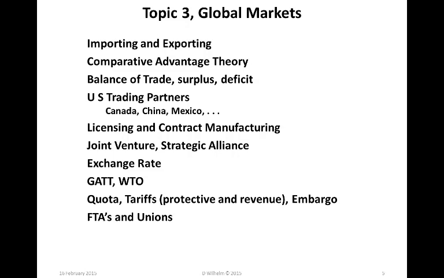Contract manufacturing is where the intellectual property holder pays a manufacturer to produce a certain number, and then the intellectual property holder will deal with the consumers.